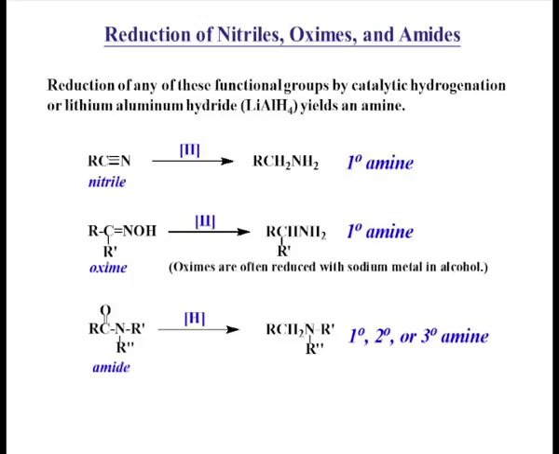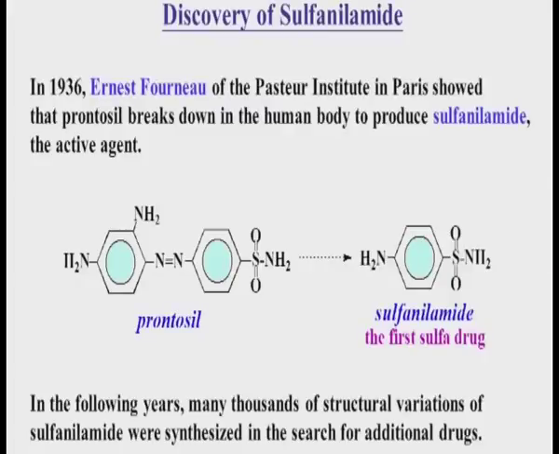So, another technique to get the amine from the nitrile is by reduction, and the reducing agents are hydrogen generated in situ or lithium aluminum hydride. Sometimes other hydrides could also be used.